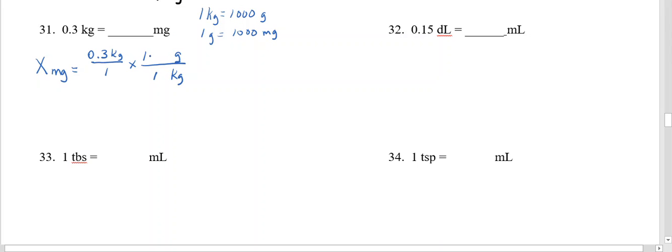So 1 kilogram, 1,000 grams, and in my second conversion, I have grams on top, so now grams is going to go to the bottom, and milligrams is going to go to top.